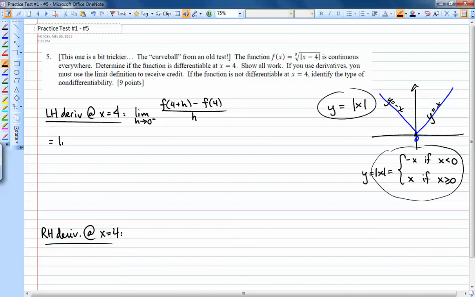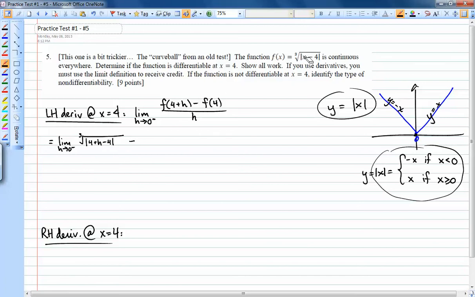So we get limit as h goes to 0 from the left of f of 4 plus h. So if I plug in 4 plus h right there, then I'm going to get the cubic root of the absolute value of 4 plus h minus 4. And then I'm going to subtract out f of 4.